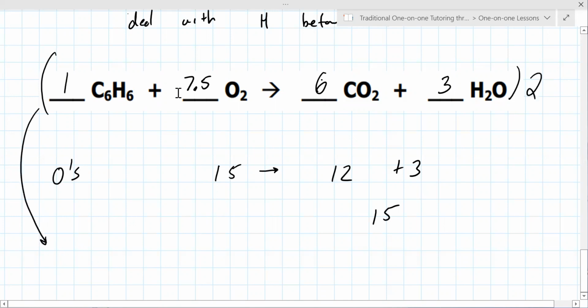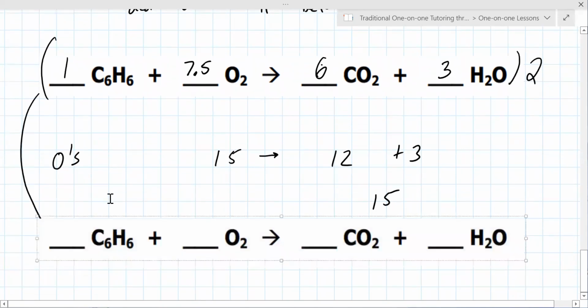So you just double everything, 2, 15, 12, and 6. I would stick to halves. I wouldn't get down to quarters or thirds, but you could still do that. I think they teach that in higher level chemistry, but not for sure.